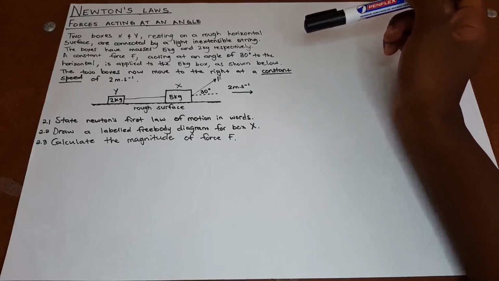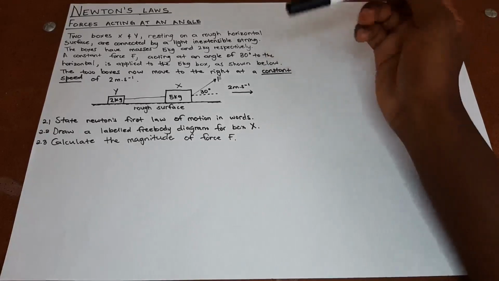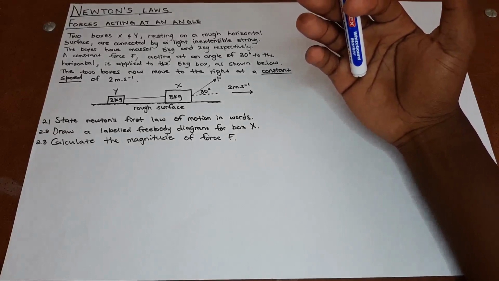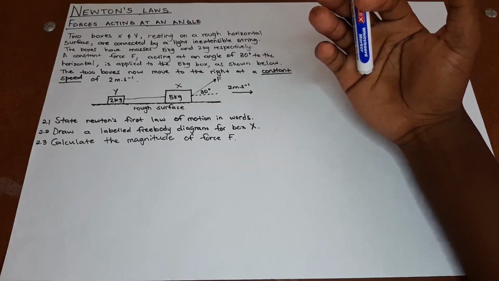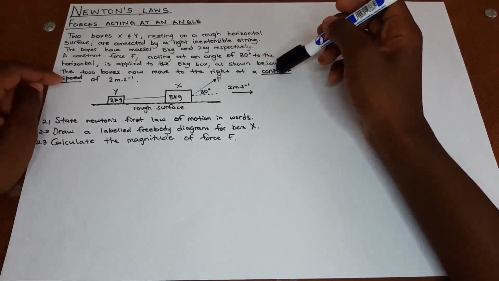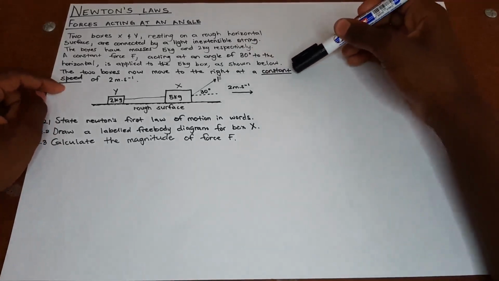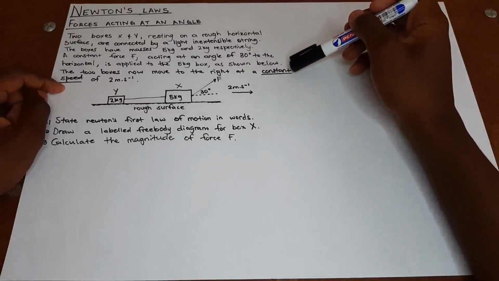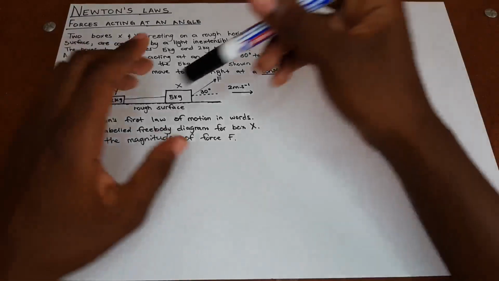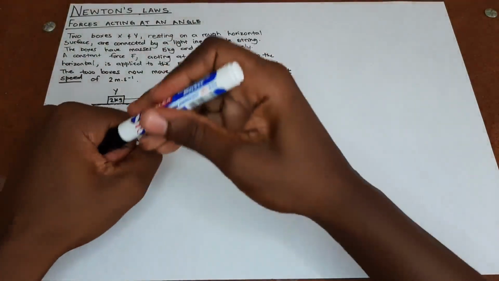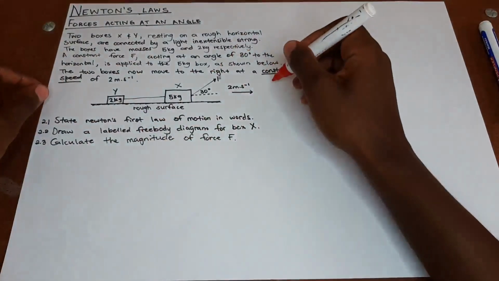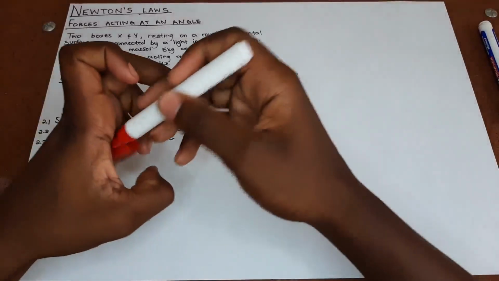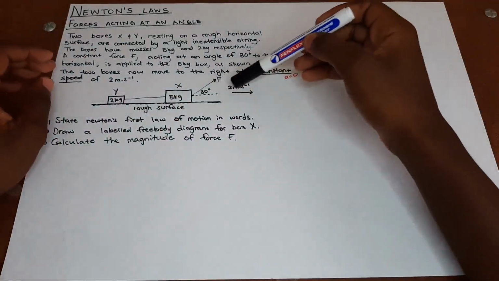Just before I explain, let me explain the concept of constant speed. If ever you see a scenario like this, or any kind of scenario in physics, where it's a constant speed, you should know that the acceleration is equal to 0. Maybe you're asking yourself, hey sir, but it's 2 meters per second.